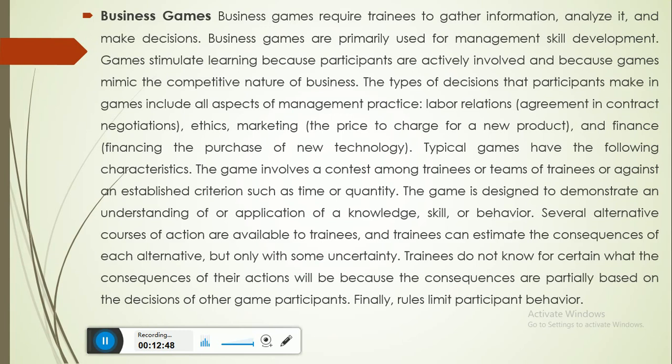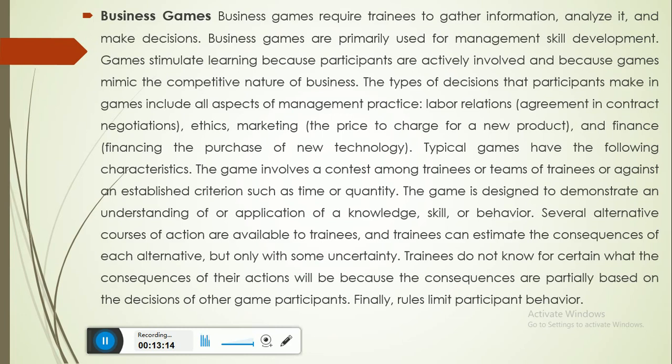So let's read the slide. Business games require trainees to gather information, analyze it, and make decisions. Yes, so business games are primarily used for management skill development. When you want to develop your management skills, games stimulate learning because participants are actively involved, and because games mimic the competitive nature of business.